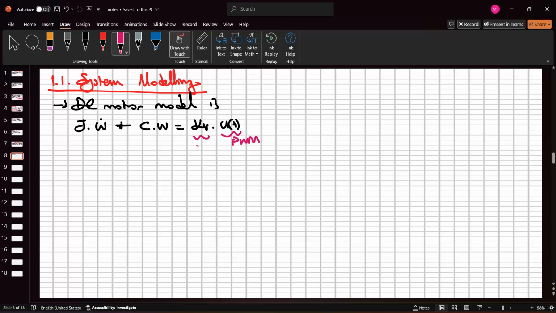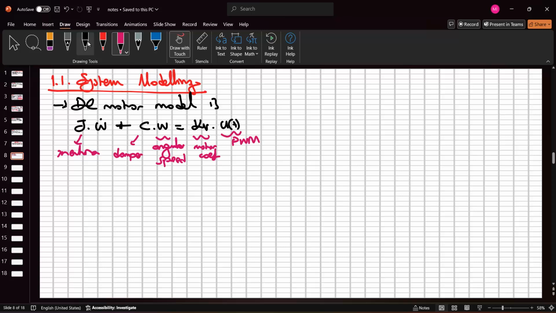This is the motor coefficient, to convert this K_v times u(t) into the torque value, because we can only apply the torque value to this form. This is the angular speed, and also the other J and C. J is inertia, C is the damping or damper coefficient.